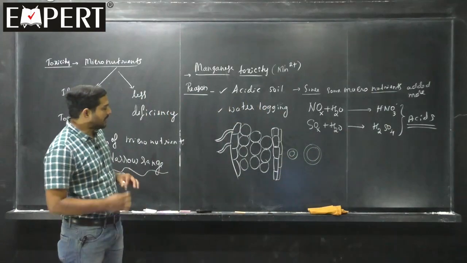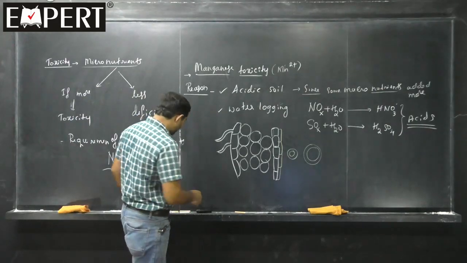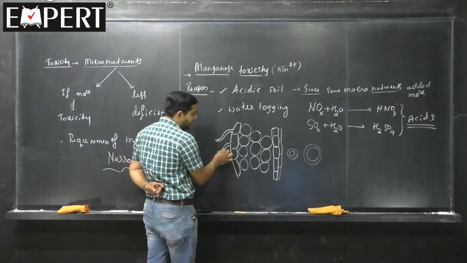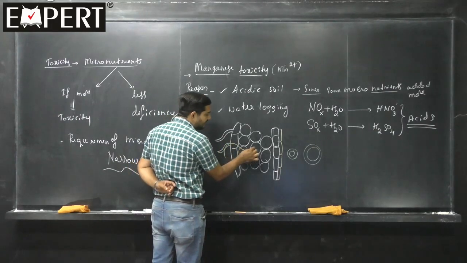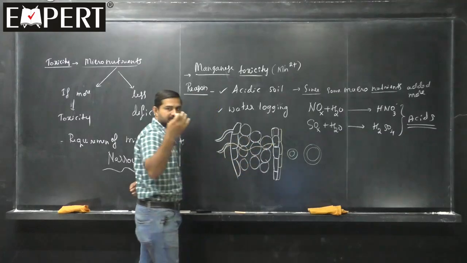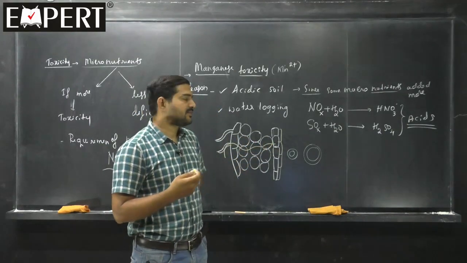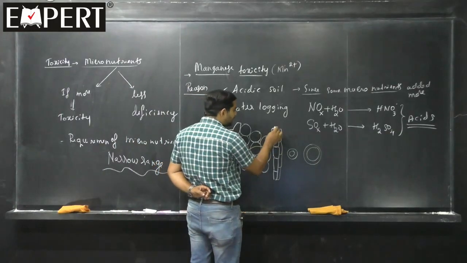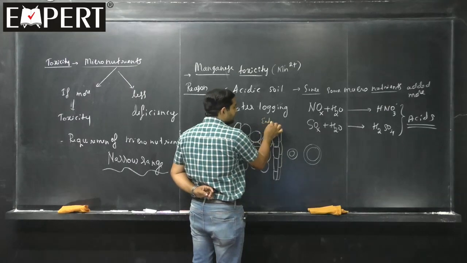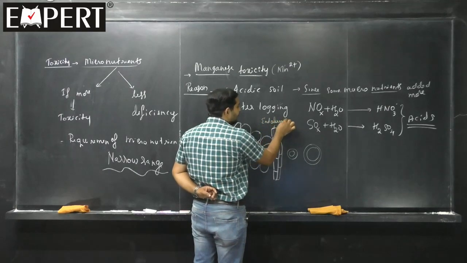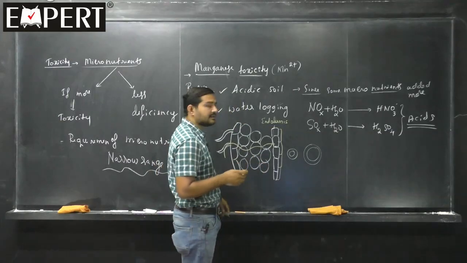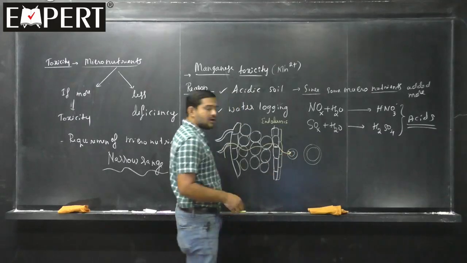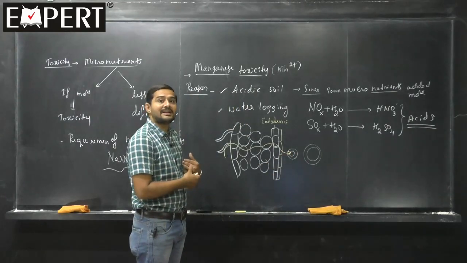Clear, students? Now the question is, the minerals which are absorbed can enter the cell in two ways, which is already discussed, symplast and apoplast, which will be discussed later once again. But when they reach the endodermis, then the movement to the xylem is regulated.